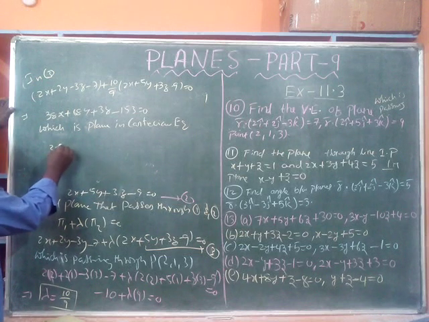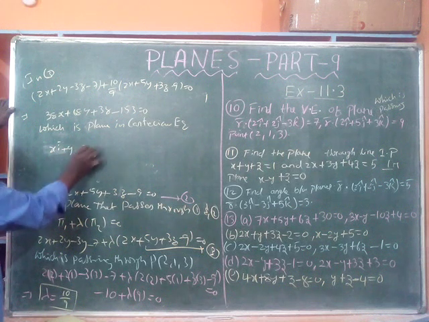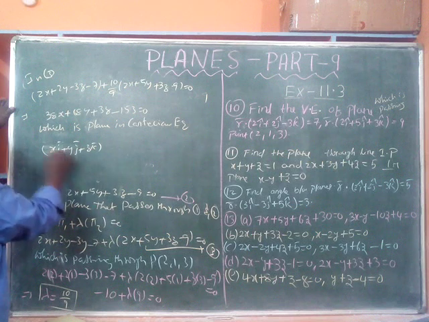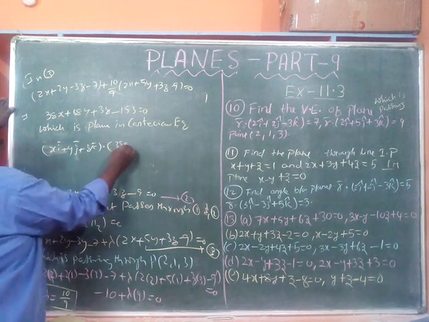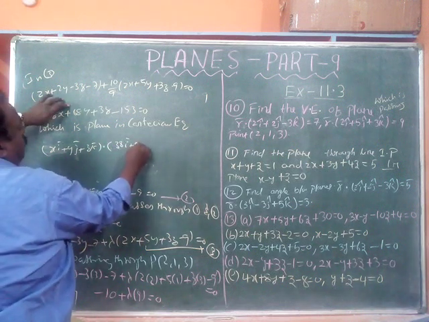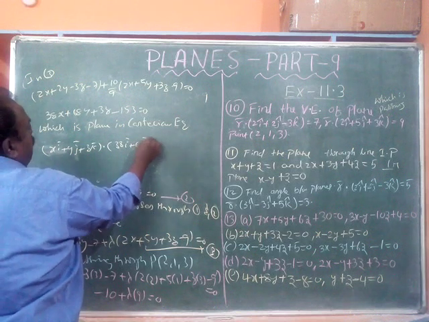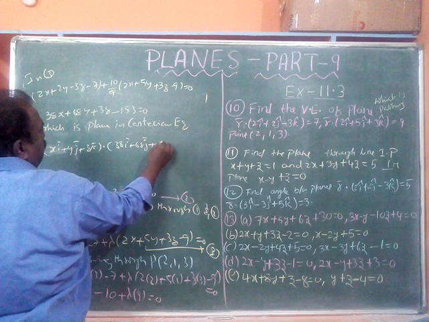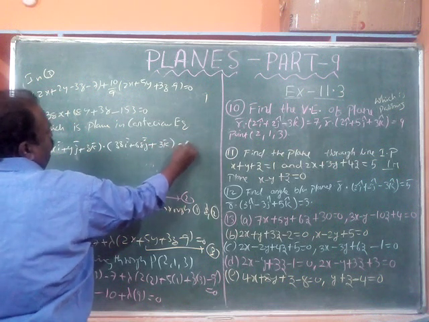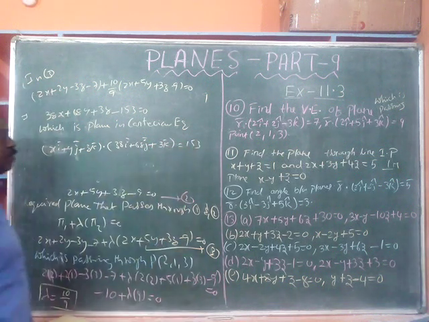Take 38. It is xi plus yj plus zk dot 38i plus 68j plus 3k is equal to 153. Agree?